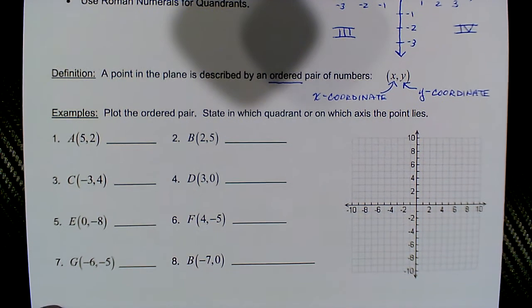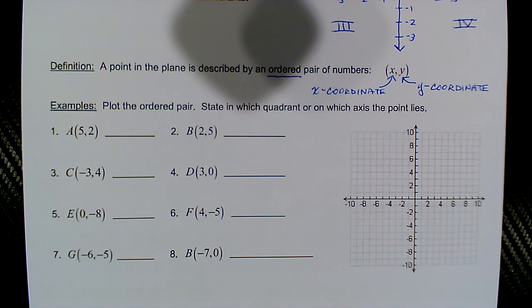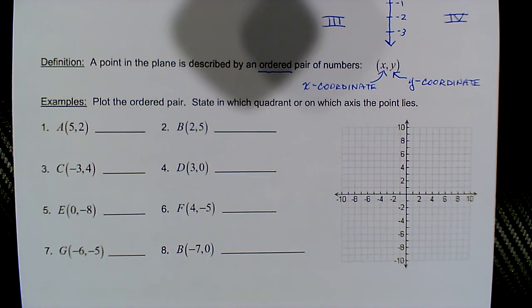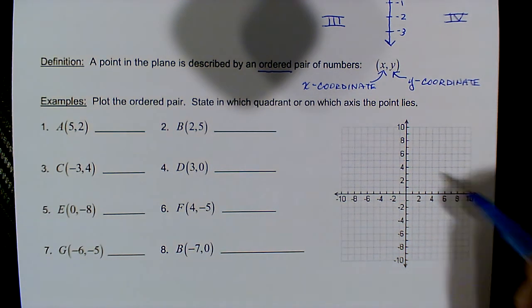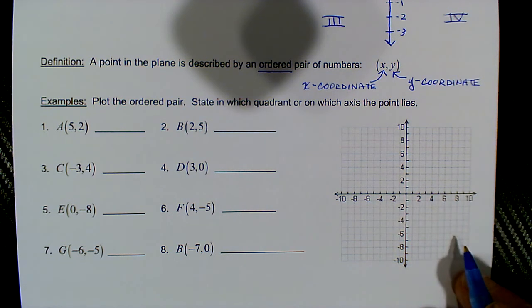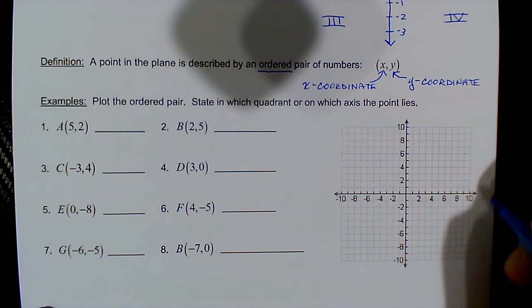So what we want to do is be able to plot any ordered pair, and also state in which quadrant it lies, or maybe it lies on an axis and not directly in a quadrant. So here's a pre-made grid. This graph paper is available in Blackboard, so it's kind of nice because it's already labeled for us.